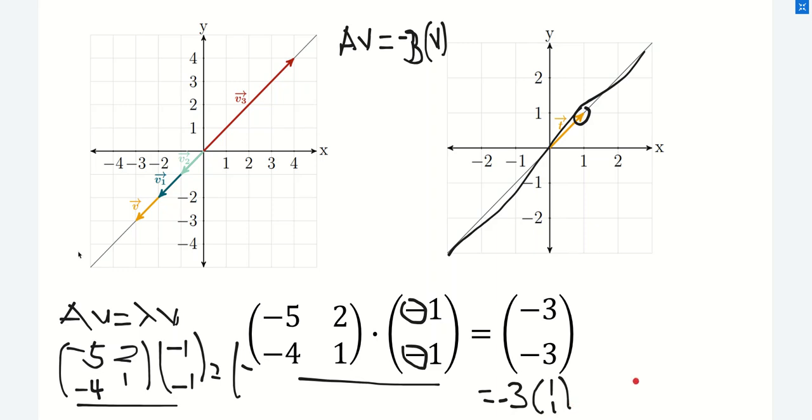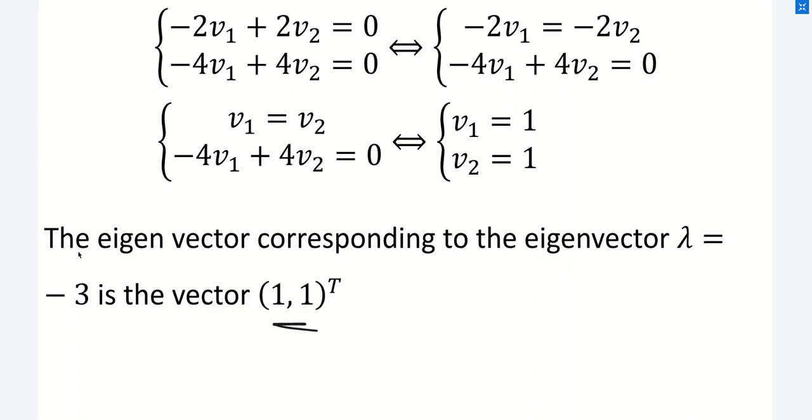That's the implication: if this matrix transforms this vector, we are going to get the same thing, but multiplied by some scalar, which is -3. So if you bring the -3 out, we'll get our 1, 1 here, as we saw.